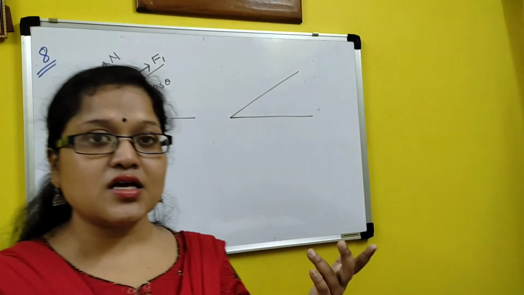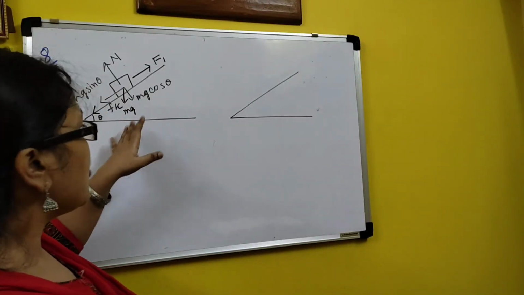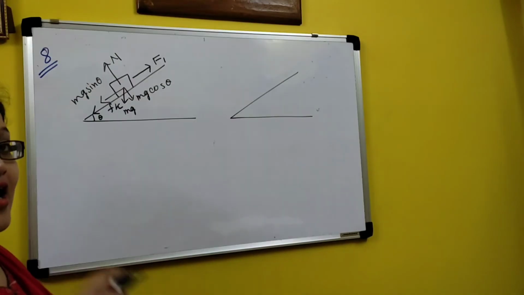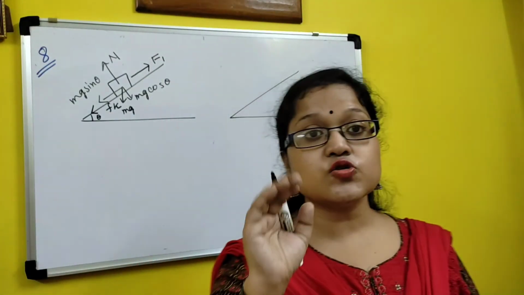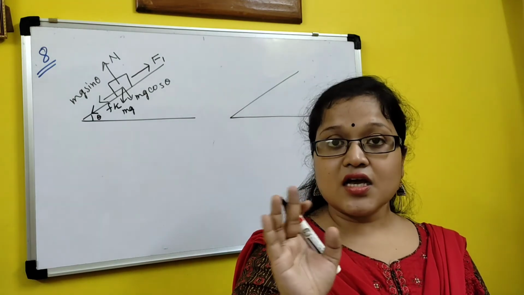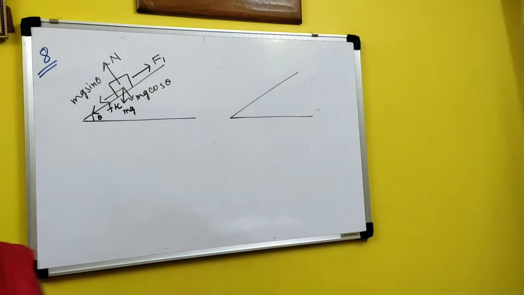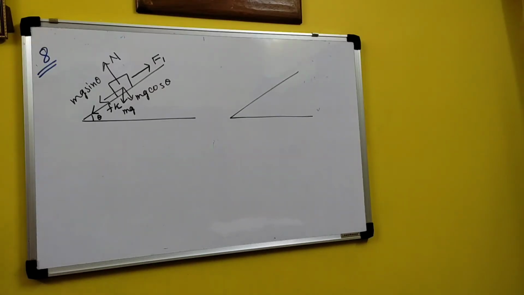The force required is either equal to mg sin theta plus Fk or greater. If greater, then the object is accelerating. Since nothing is written regarding acceleration, I can say the object is moving without acceleration.